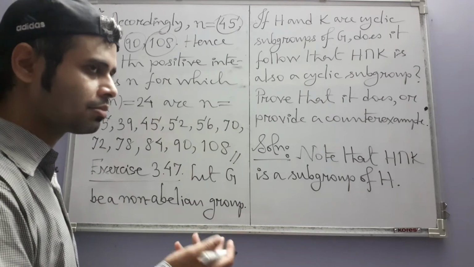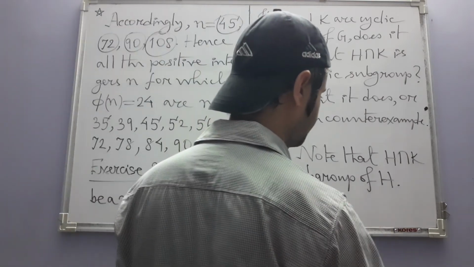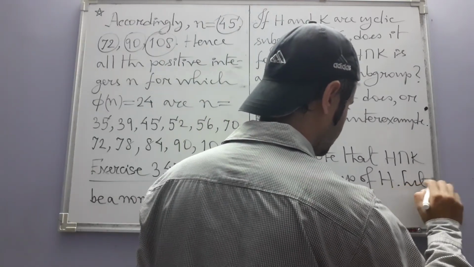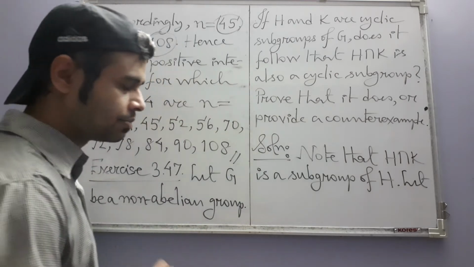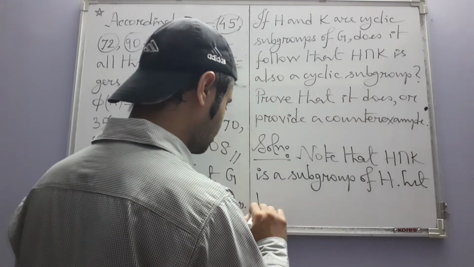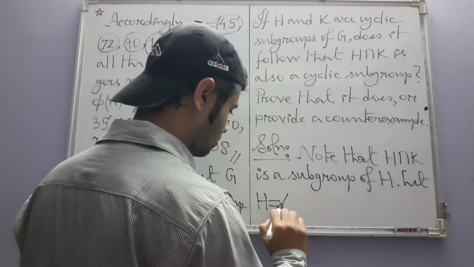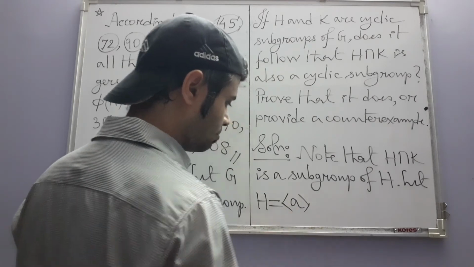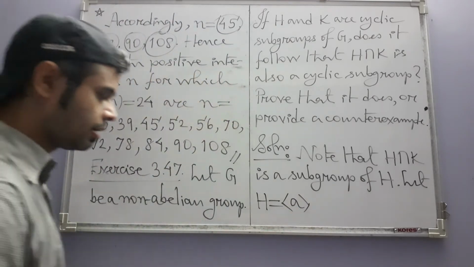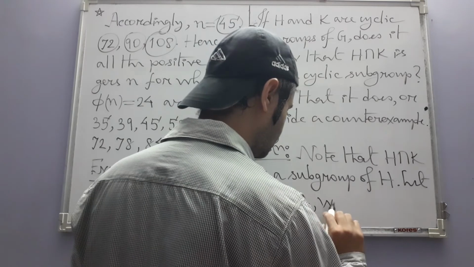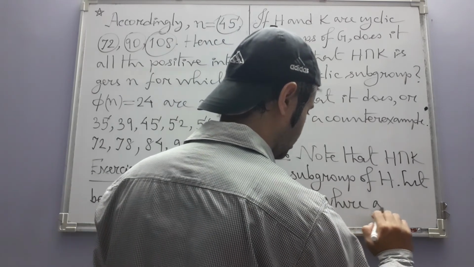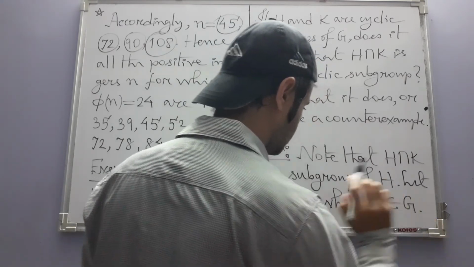It is there, but let's just leave it. Now because H is a cyclic group, it is generated by some element. So let it be generated by small a, where a is some element in G.